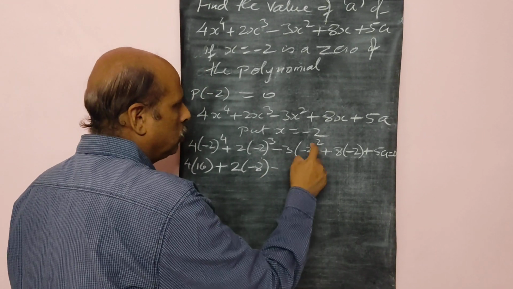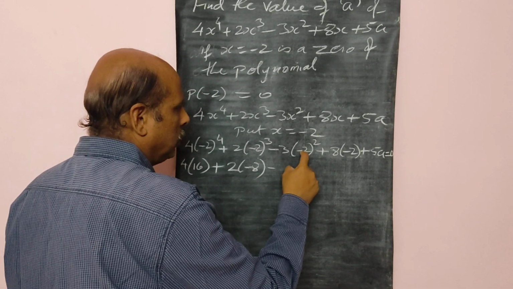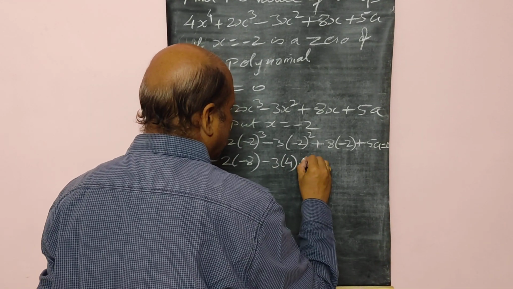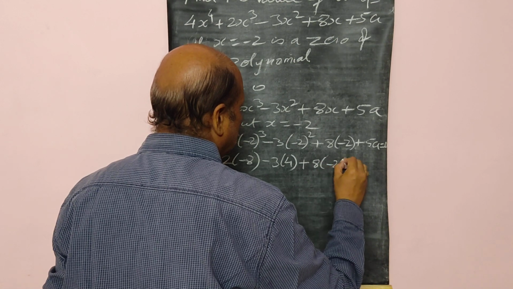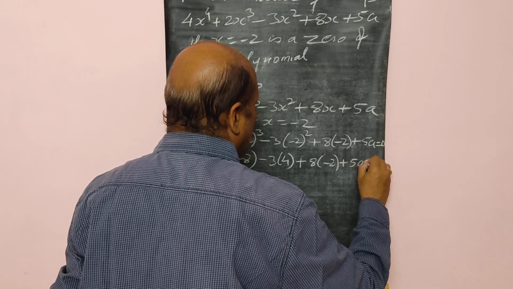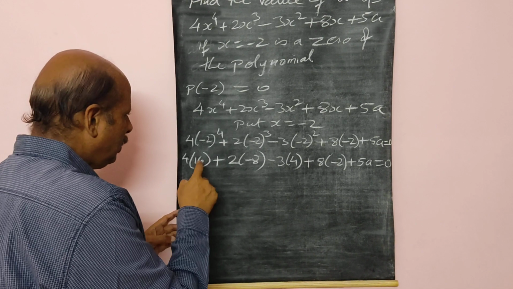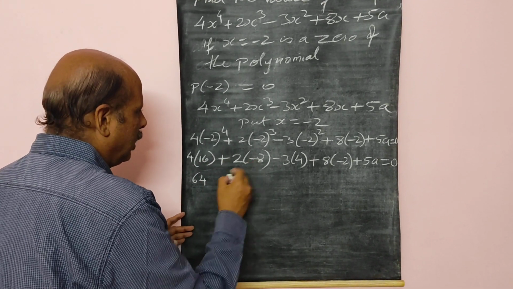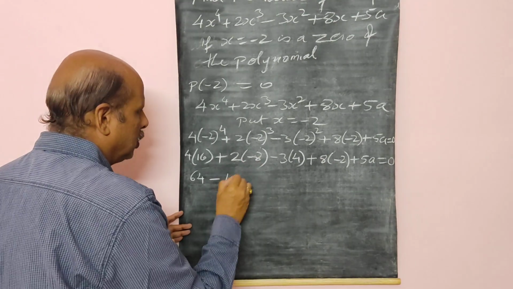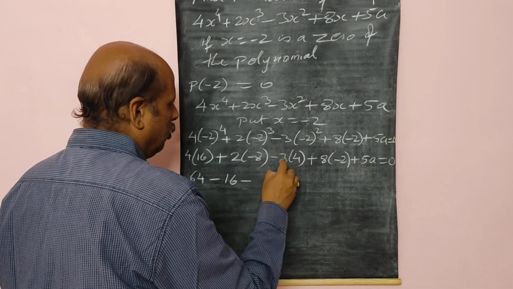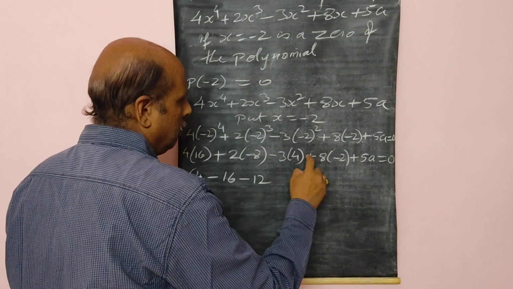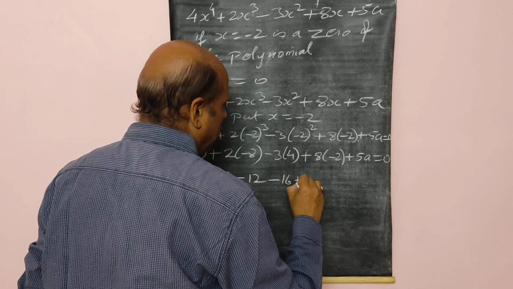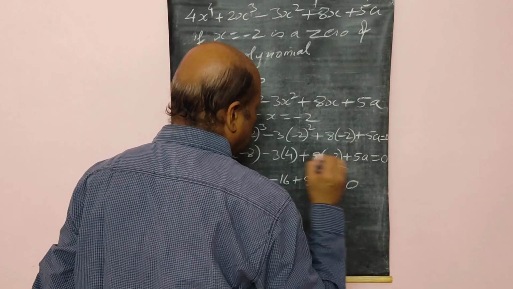Minus 2 squared is 4, positive, so 3 into 4 plus 8 into minus 2 plus 5a is equal to 0. 16 4s are 64. Plus minus is minus, 2 8s are 16. Minus 4 3s are 12. Plus minus is minus, 8 2s are 16. Plus 5a must be equal to 0.